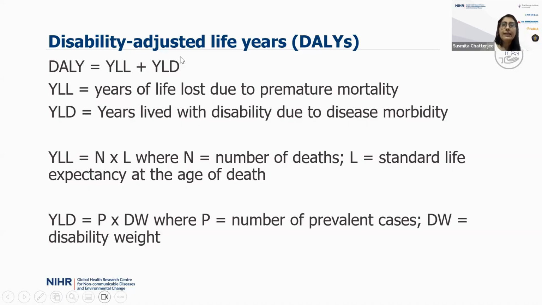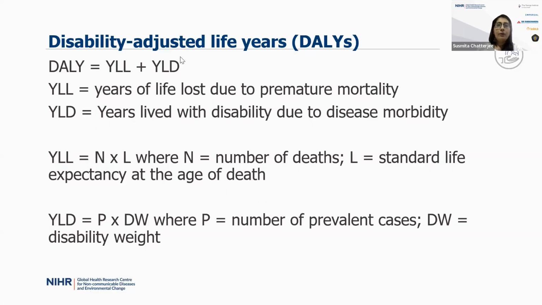So here lies the issue: what is disability weight? Because if a person has a condition, say, depression, and another person has a terminal cancer, I hope you are assuming that these two will not have the same weight, right?